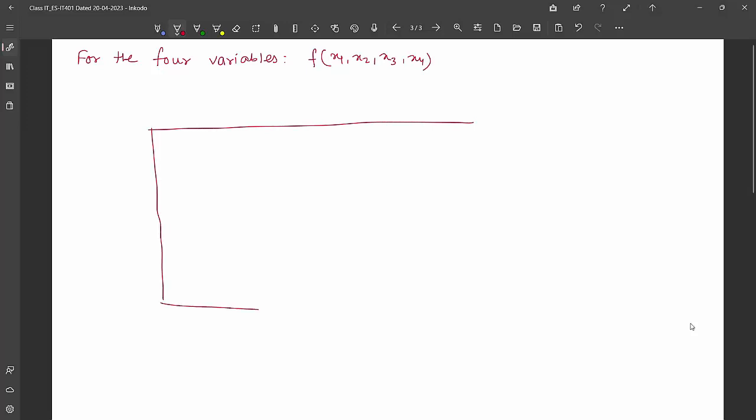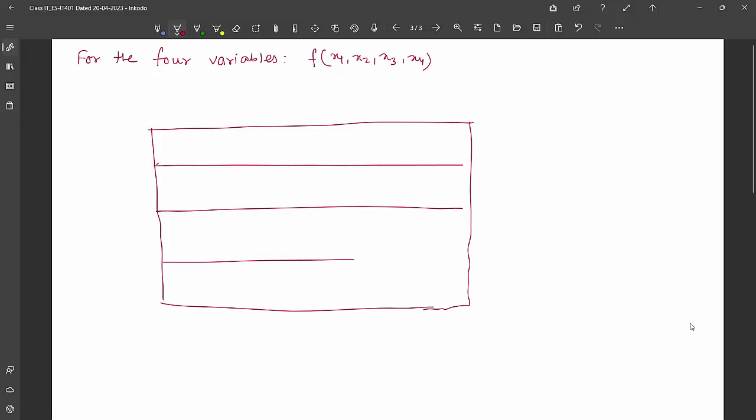Obviously 4 variables means there will be 16 boxes, 4 rows and 4 columns, and this is the figure. Where you have to take the variables in the previous way: on the left side we take x1 x2, and on the top we take x3 and x4.